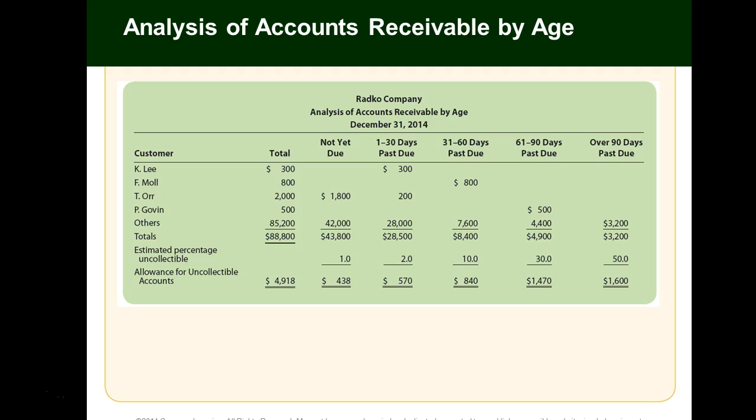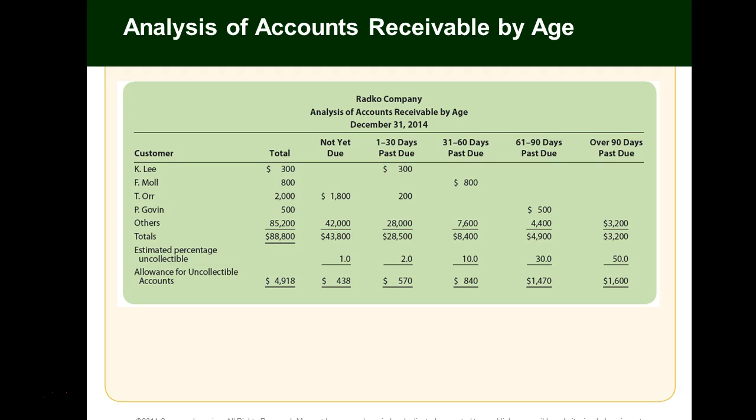Two of the customers, T-Or for $1,800 and some others for $42,000. The $43,800 isn't even due yet, so we're sitting okay with those. The 1 to 30 days past due is $28,500.